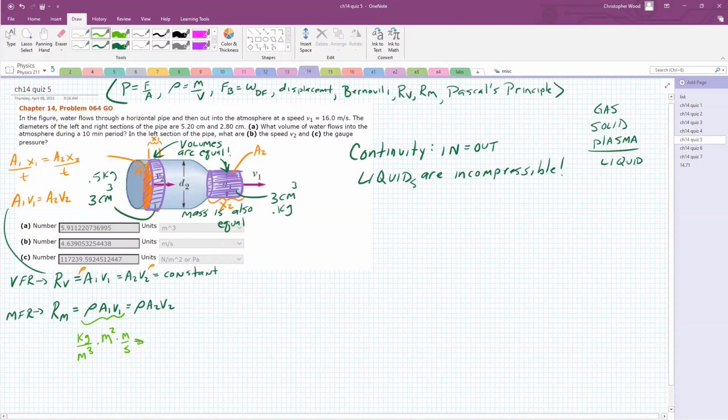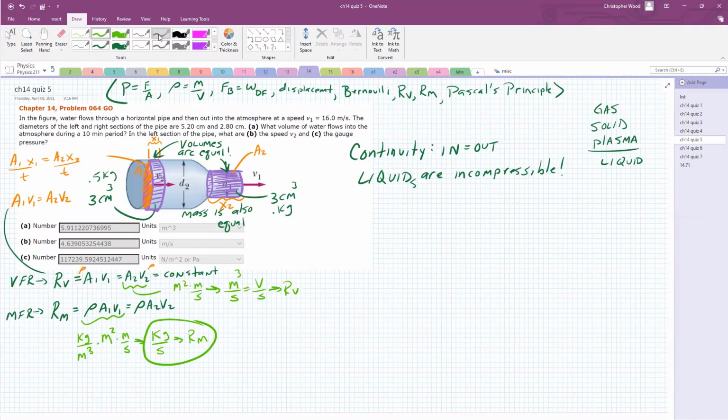So the units are kilograms per second. A kilogram per second is the mass flow rate. So dimensionally, that makes sense. For the other one, I have meters squared times meters per second: meters squared for area, meters per second for velocity. Those units are cubic meters per second, which is a volume per second. And this is what's known as volume flow rate. There. So this is brought to you by the incompressibility of water.